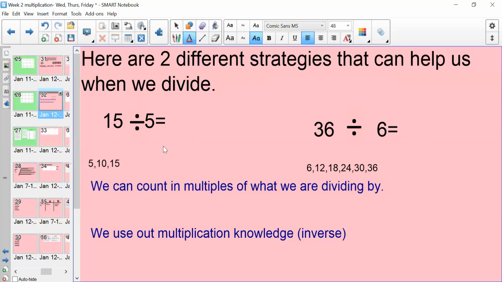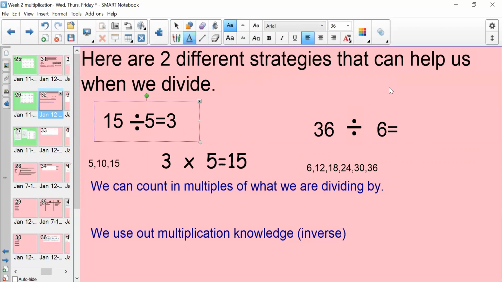So if I had to do a multiplication sum, I know that my sum is going to equal 15. And one of my parts is going to be 5. So what times 5 is 15? And then again, you would count in 5s, 5, 10, 15, and it would equal 3. So your answer is 3.